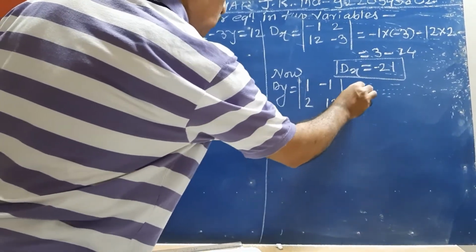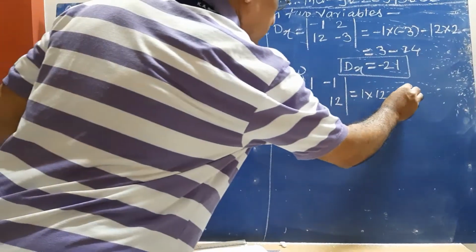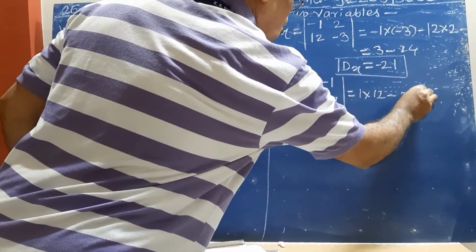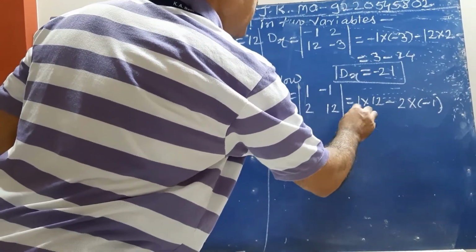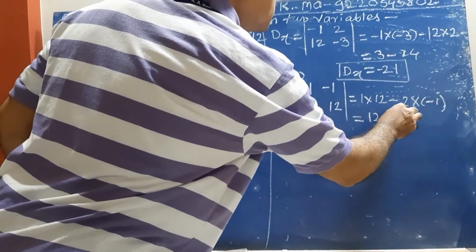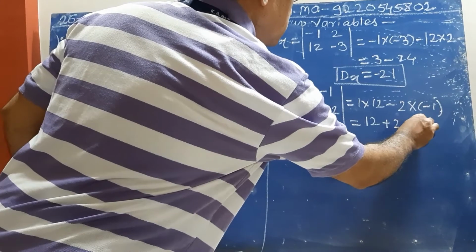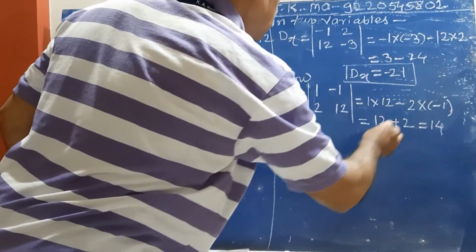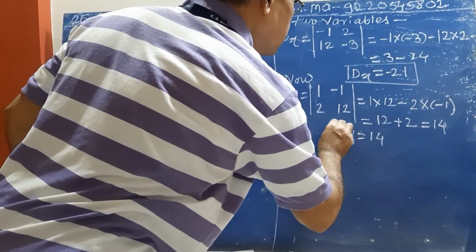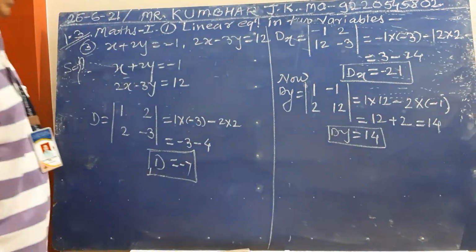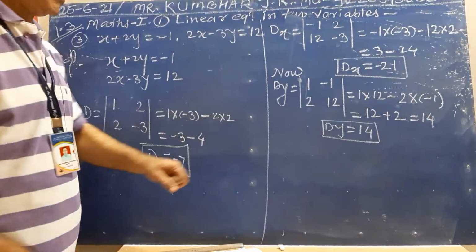Same method: 1 into 12 minus 2 into minus 1. 1 into 12 as it is, minus minus becomes plus, 2 into 1 is 2, equal to 14, means dy is equal to 14. This is the value of D, this is dx and this is dy.